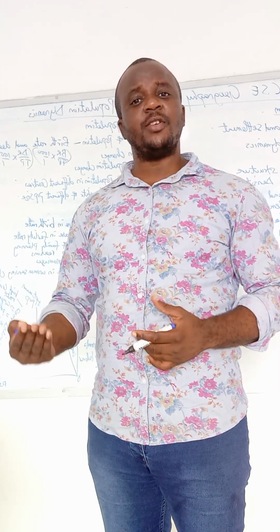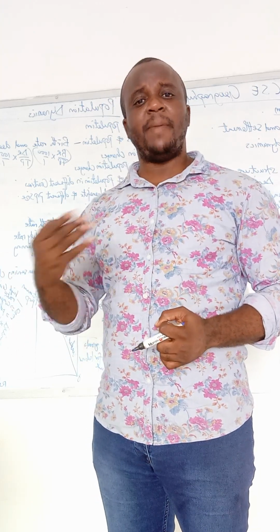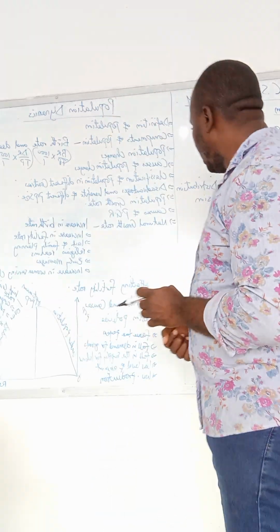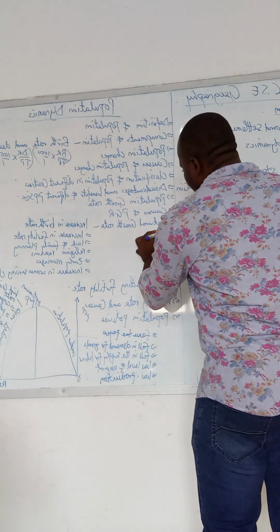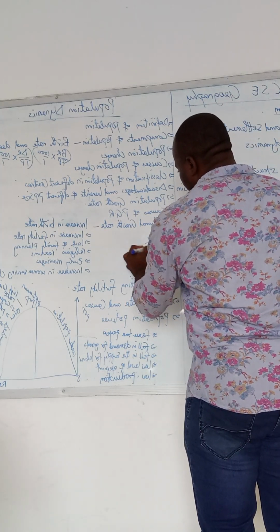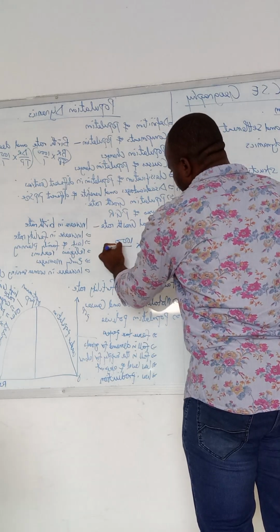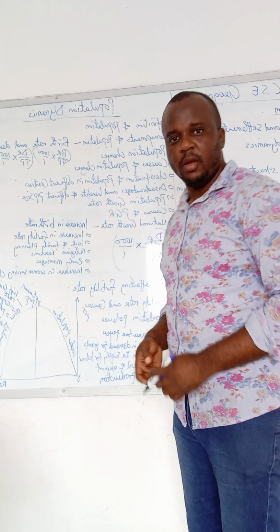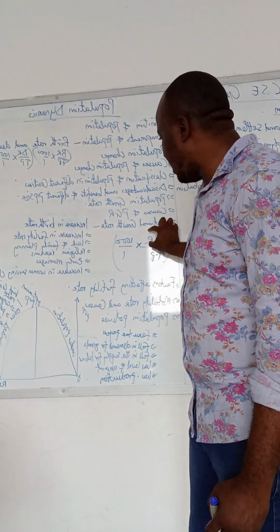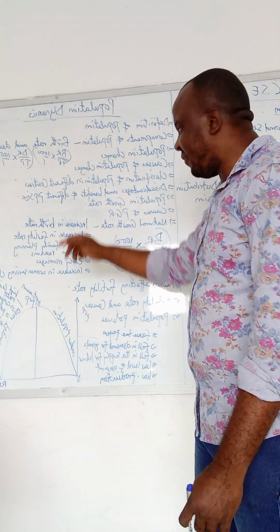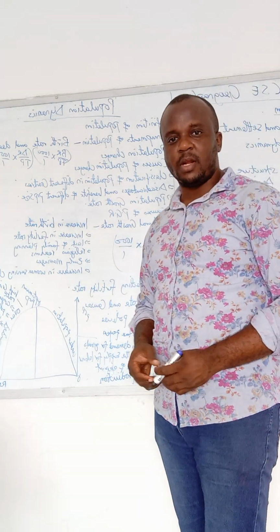Then, for example, they may ask you to calculate birth rate for that year. What do you do? You take the value of birth rate over the total population of that country, times 1,000 over 1, because it's calculated per thousand. So you get the value for the birth rate for that country.